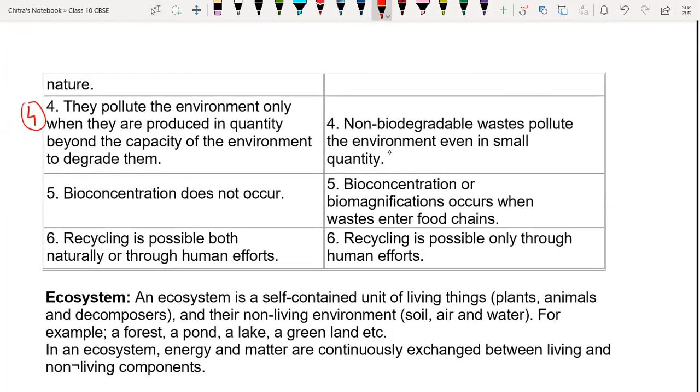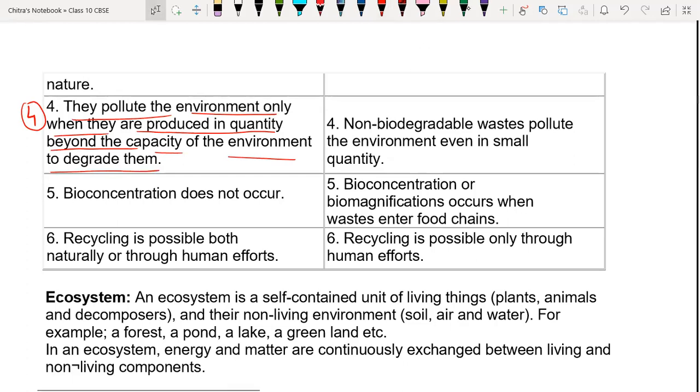Now, the fourth difference. See, you have to remember at least four differences if it comes for 2 marks. So you have to remember at least 4 points correctly. Next, they pollute the environment only when they are produced in quantity beyond the capacity of the environment to degrade them.